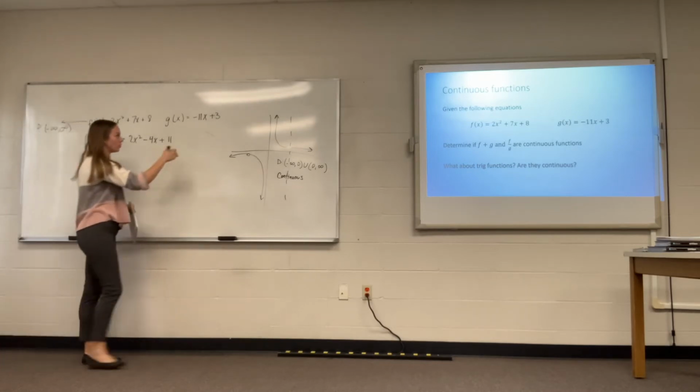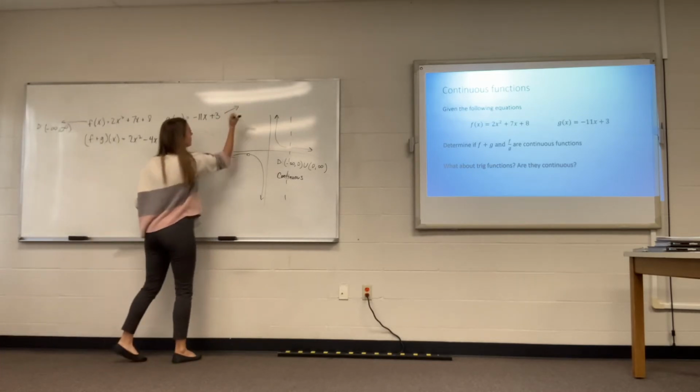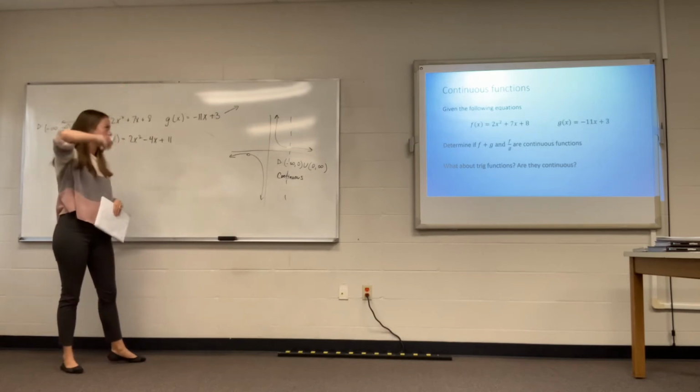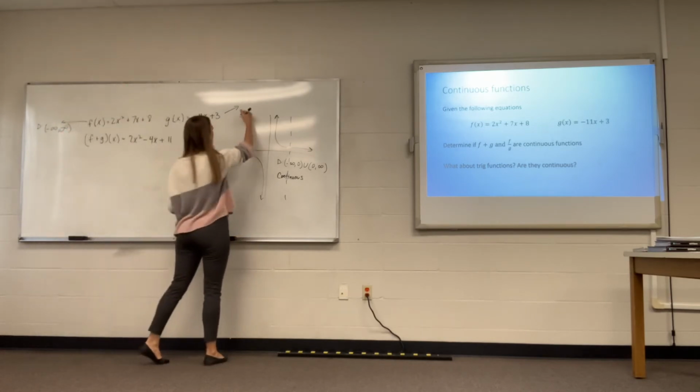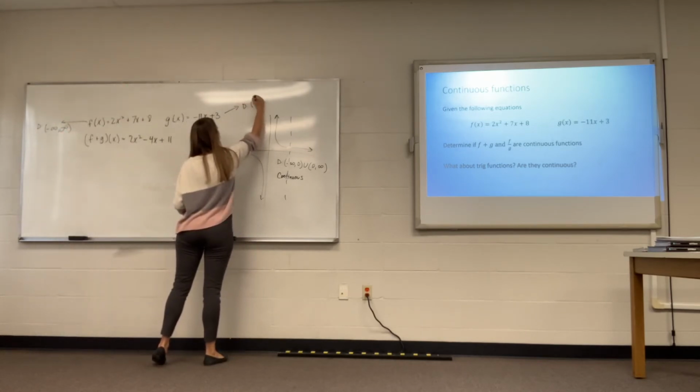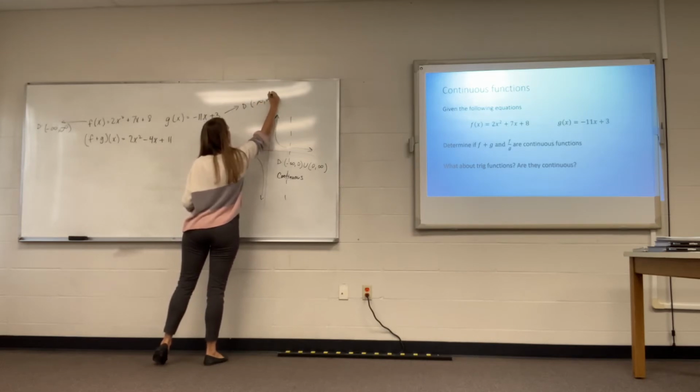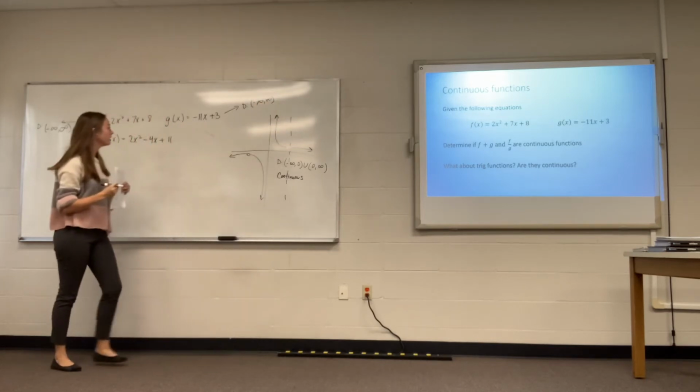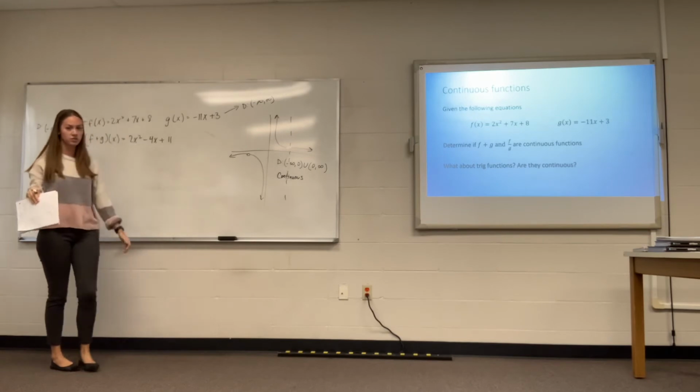And g of x is a linear function that's going down because it has a negative slope, so its domain is also negative infinity to positive infinity.